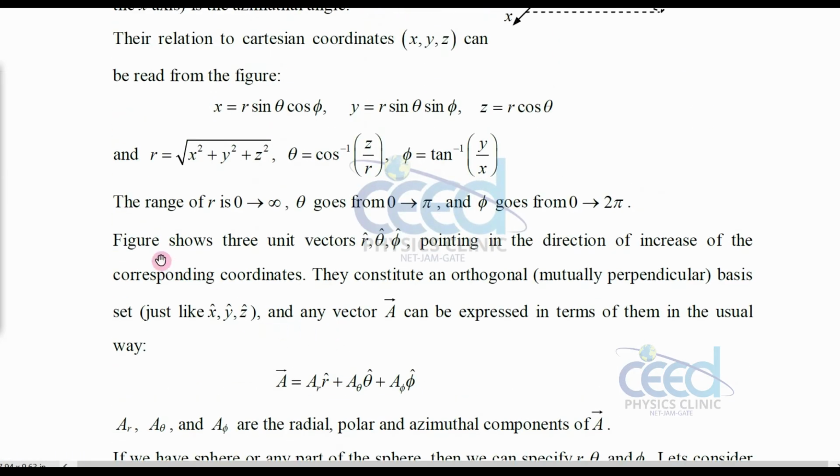So again we can go to the blackboard. Look here, how we can represent the direction of r cap, theta cap and phi cap.